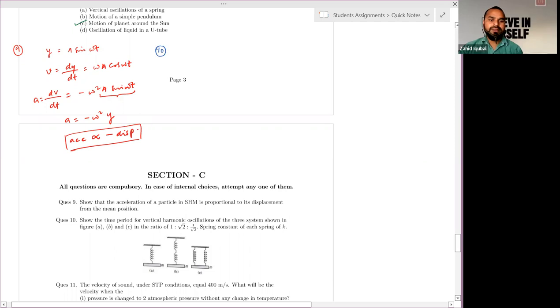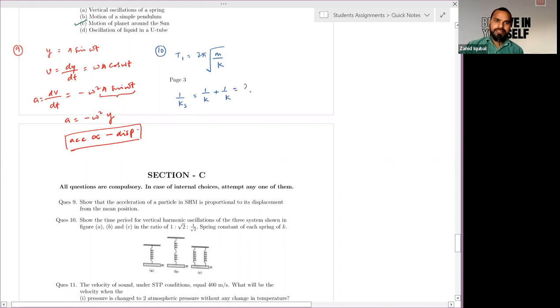Question number 10. We have a spring mass system with three arrangements. In the first, there is only one spring, so time period will be 2 pi root under m by k. In the second part, we have two springs connected in series. According to the formula, 1 by k equivalent equals 1 by k1 plus 1 by k2.